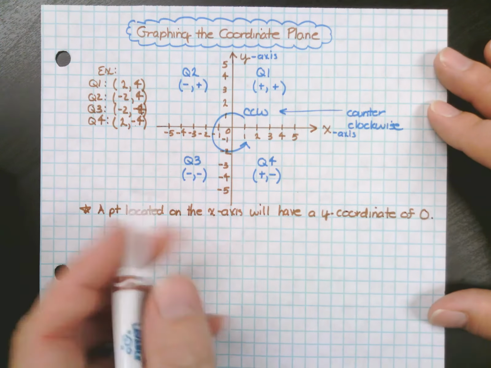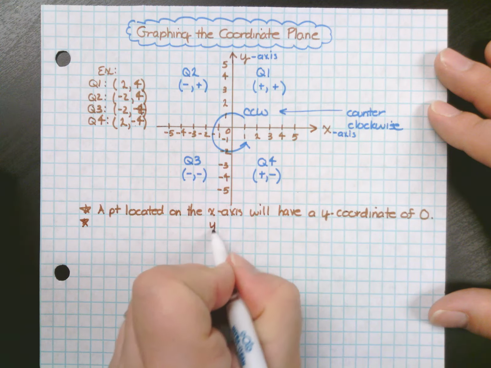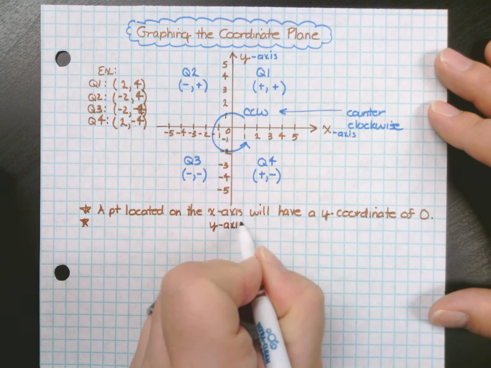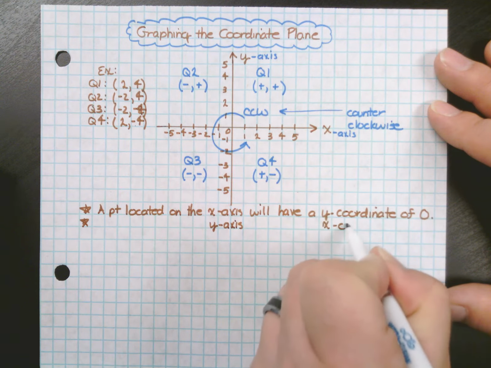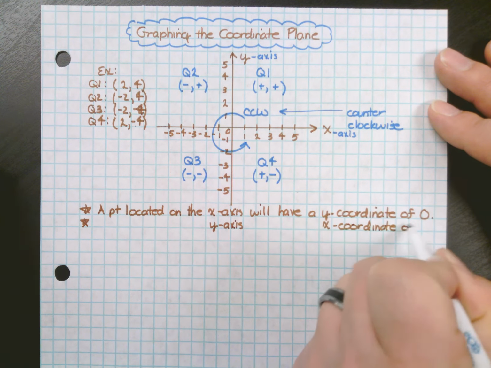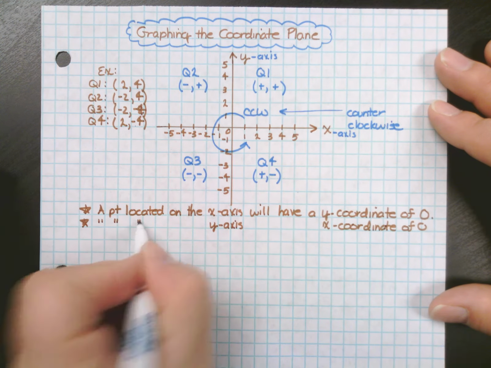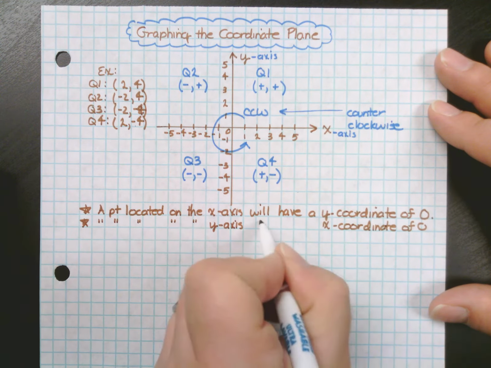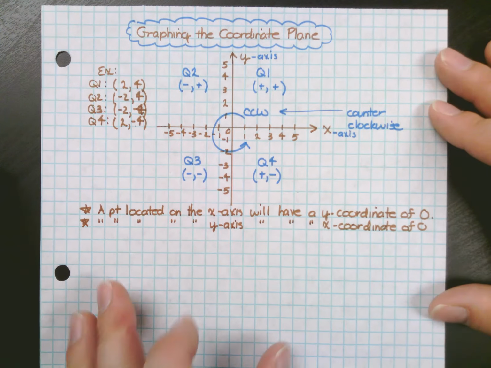And we can repeat this whole key idea, except that the y-axis, a point on the y-axis, will have an x-coordinate of 0. So we usually use quotations here to indicate the same words being used.